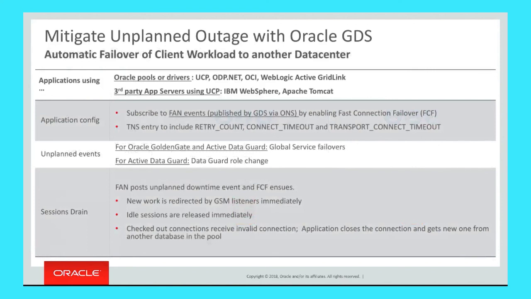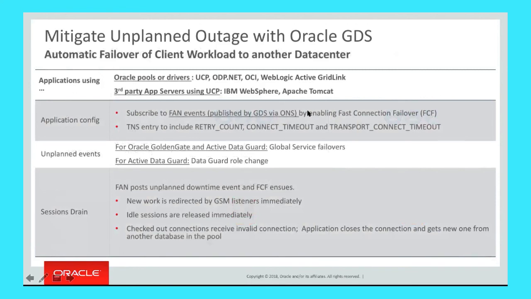To minimize the downtime for those kinds of scenarios, there are a few best practices that you want to follow. The applications must be using Oracle integrated connection pools. It could be UCP, it could be OCI, ODP.NET, WebLogic, GridLink, etc. Right? Third-party application servers are also supported as long as you use UCP as a data source, such as WebSphere and Apache Tomcat.